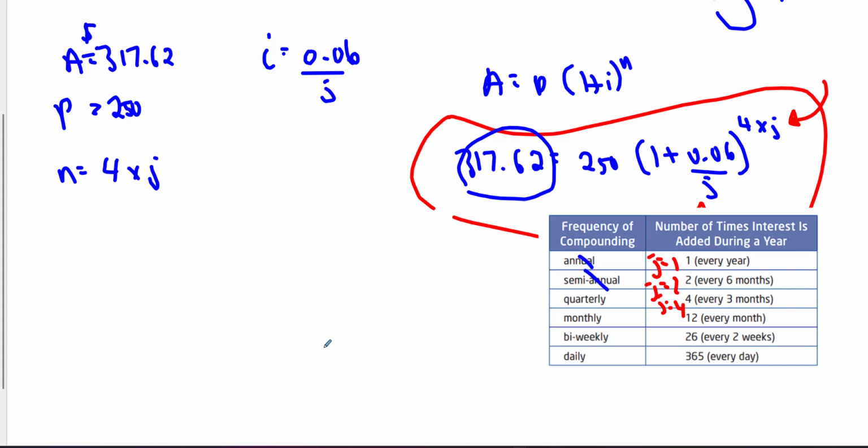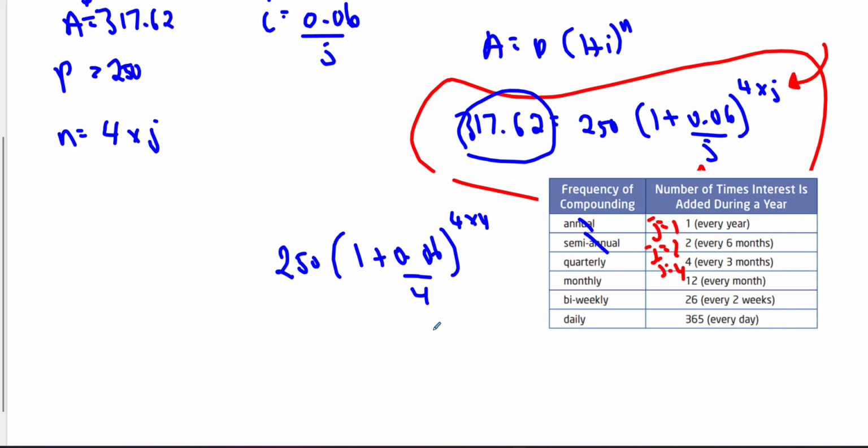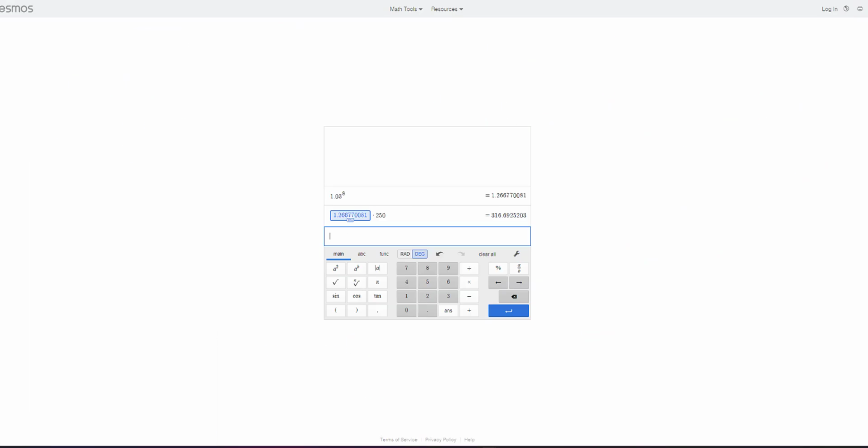What about 4? Let's try 4. So 250 times 0.06 divided by 4, and then 4 times 4. What is that?